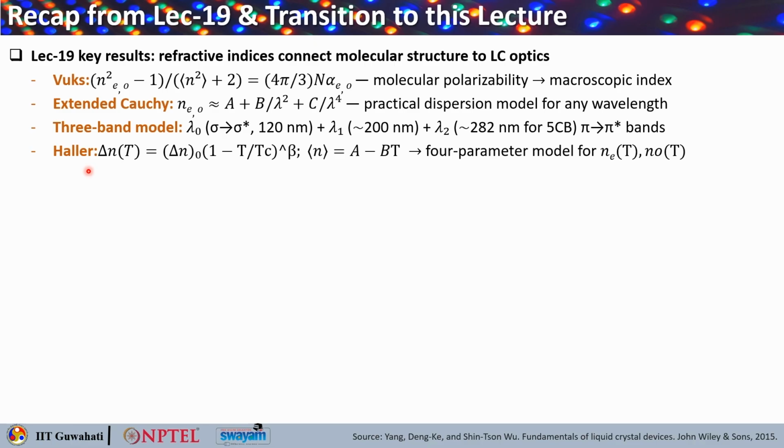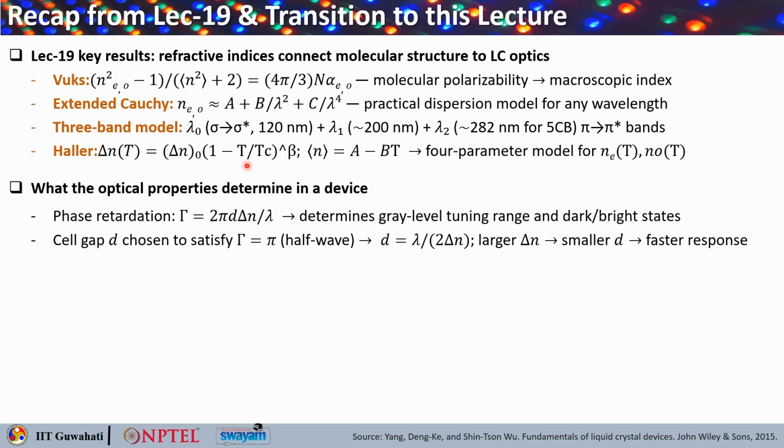And then we also saw the Haller model, where delta n(T) was given as delta n naught times (1 minus T by Tc) to the power beta, where the average value of n is basically A minus BT. So, this is a 4 parameter model for the extraordinary and ordinary refractive index as a function of temperature.